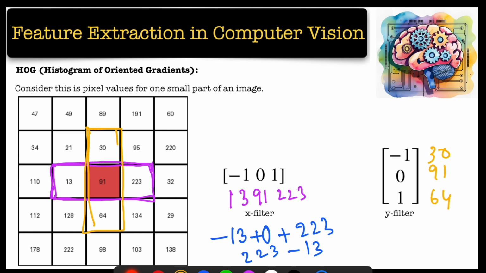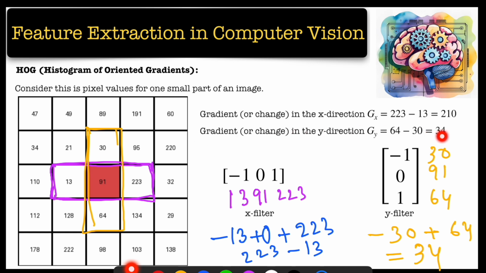So the value will be minus 30 plus 64, the same as the 34 we got. This gives the intensity changes in the y direction. We will come up with different types of filters. That's what we used to do earlier for computer vision: find different types of filters to extract different types of features from the image.